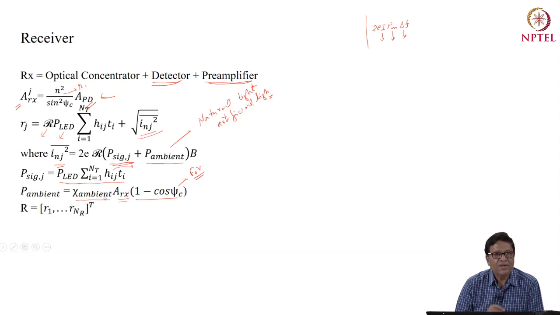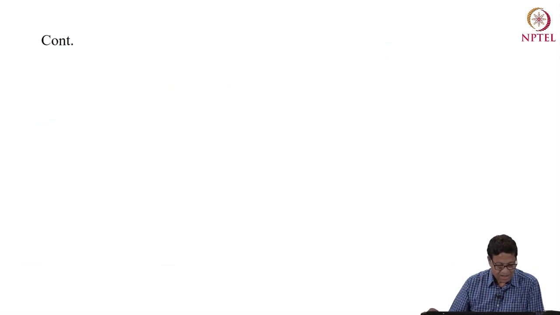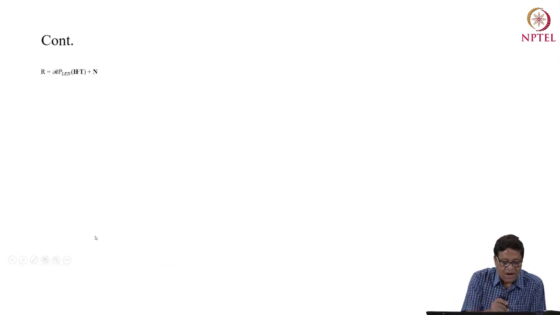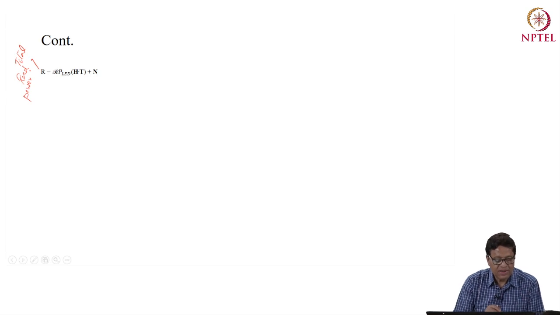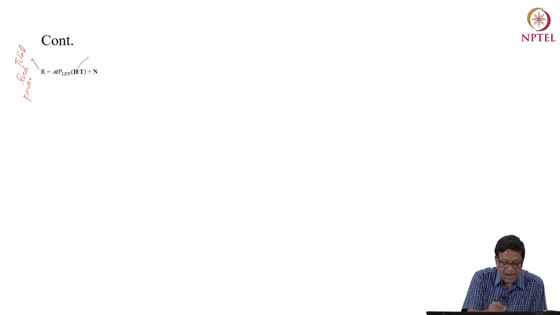On the receiver side, you get a vector, which is R1 to R_NR at the different receivers. So the total received power is responsivity into P_LED into H T. These are two matrices: H is the channel matrix, and this is your transmit vector.